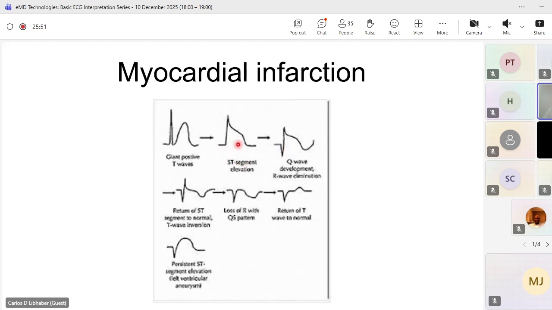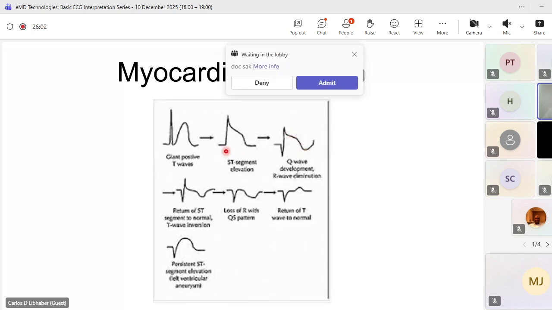When you are in this stage, there is still no necrosis. Here, there starts being necrosis, but still we are in acute stage. This is hyperacute stage. This is acute stage.